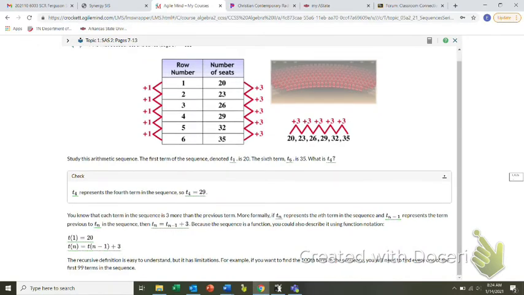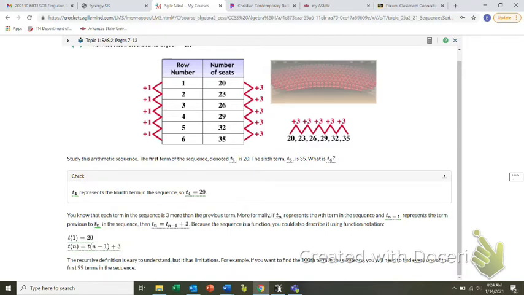Okay? Now, it goes on to say, you know that each term in the sequence is 3 more than the previous term. Formally, if Tn represents the nth term of the sequence, then Tn minus 1 represents the term previous in the sequence. So all it is using is that function notation that we did on number 2.